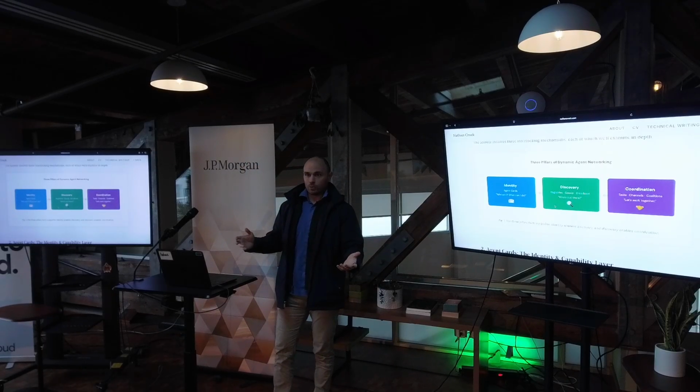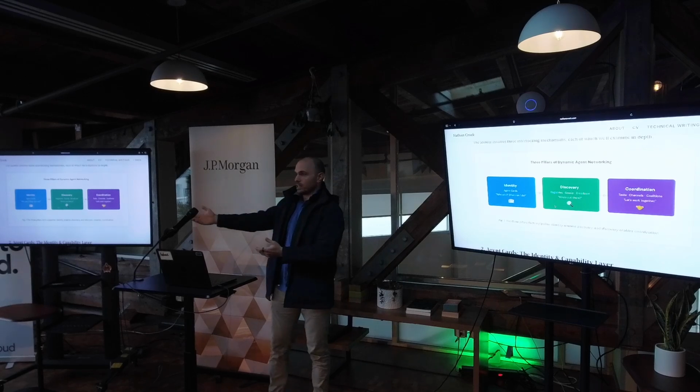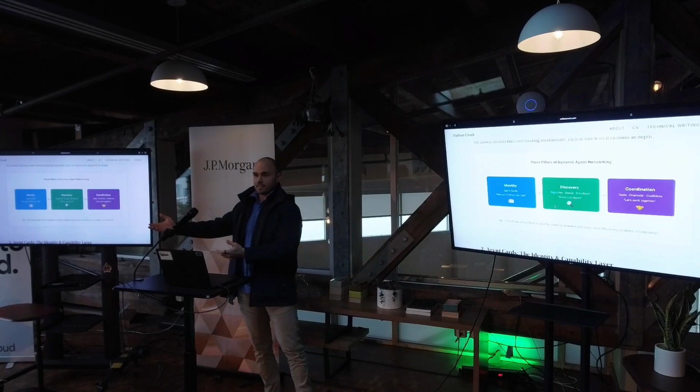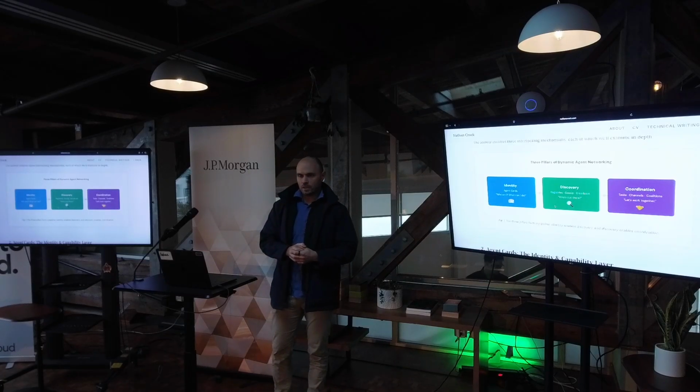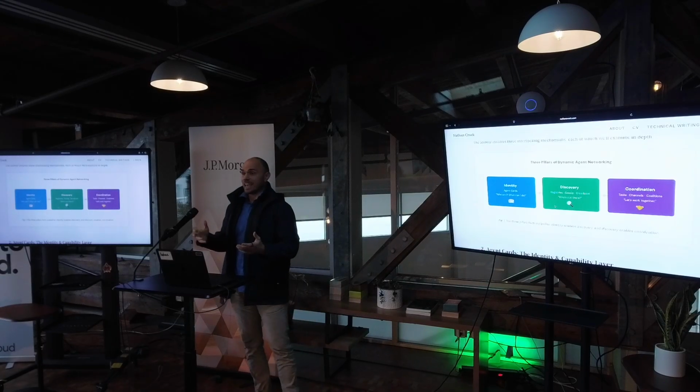Why on earth would some agent running on someone else's compute with other tasks cooperate? Where's the economic incentive for this agent to give you its capabilities? And so that's the agent economy.